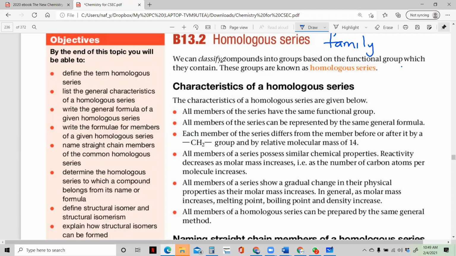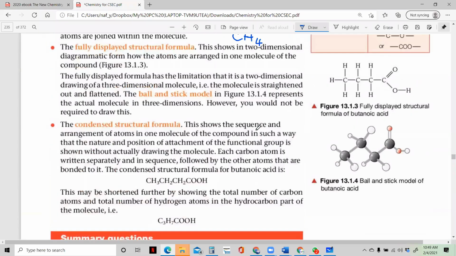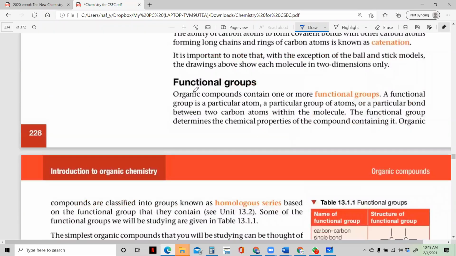They probably say, boy, your eye looks like your mother's, or your fingertip looks like your grandfather's. So within this homologous series, within this family, we have distinguishing characteristics, and the one that is setting them apart is the functional group. We have the homologous series, which is the family, and within the family, you're going to have a particular trait. That particular trait is your functional group.